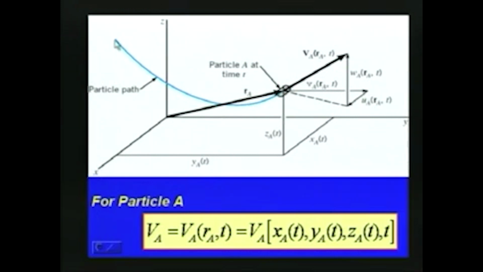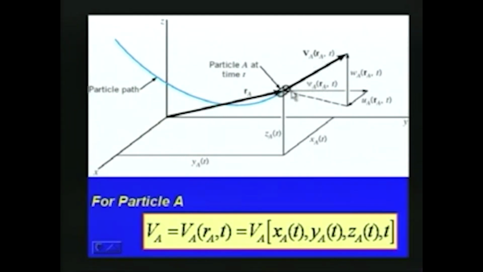So this figure shows the path of a particular fluid particle. For particle A, you can see that the particle path is like this. Particle A at time t is described with respect to x, y, z and then time t.